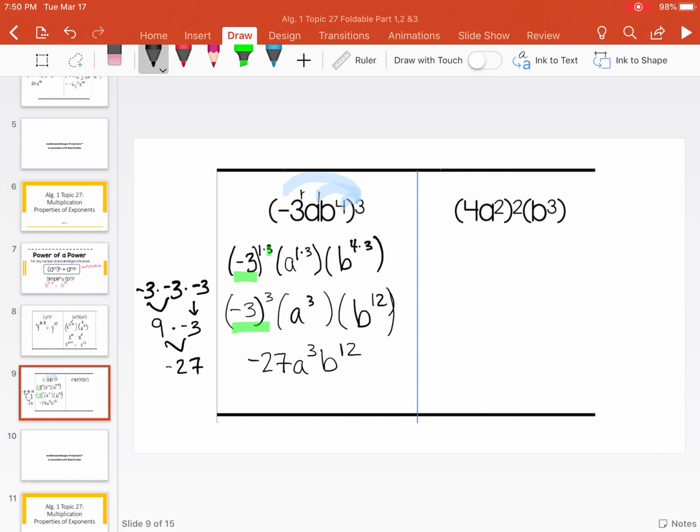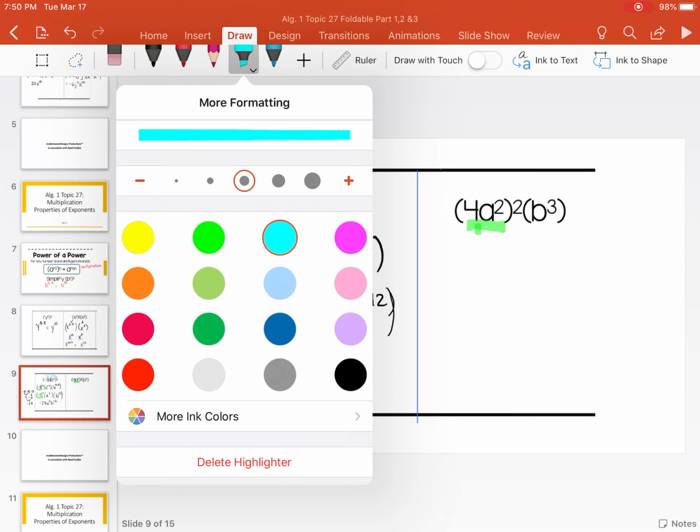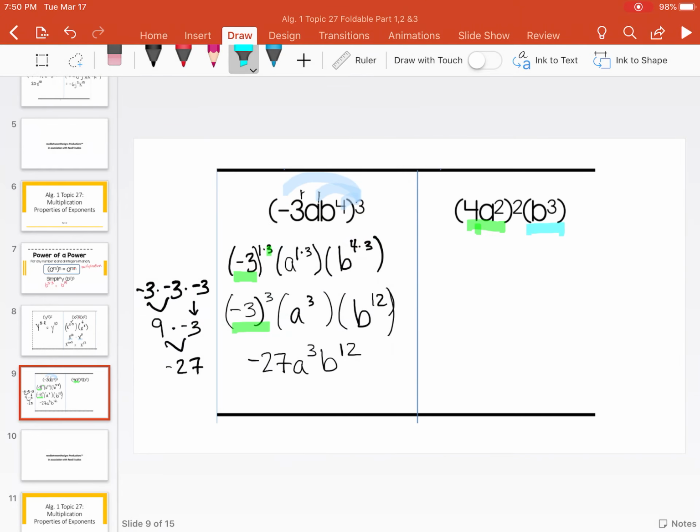So, last example for this part. We have 4a squared, that entire quantity squared, times b cubed. Now notice how this b cubed is just chilling alone. The exponent that it's raised to is really to the first power. Remember, if we don't see an exponent, it's automatically to the first.